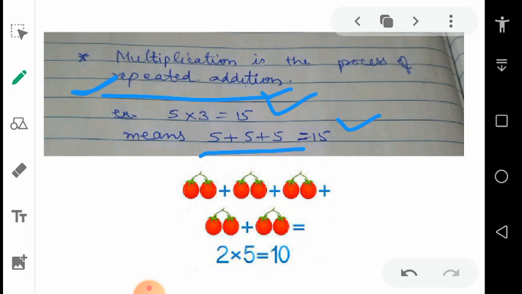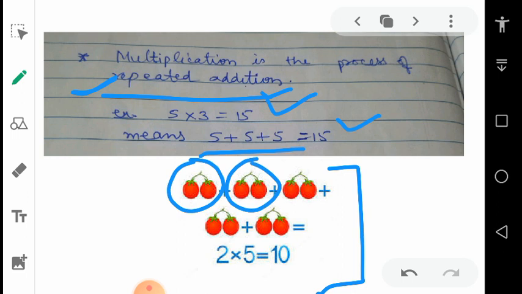Now see the given picture carefully. Here some pairs of cherries are there. For example, in the first pair there are 2 cherries, in the second also there are 2, and there are a total of 5 pairs.